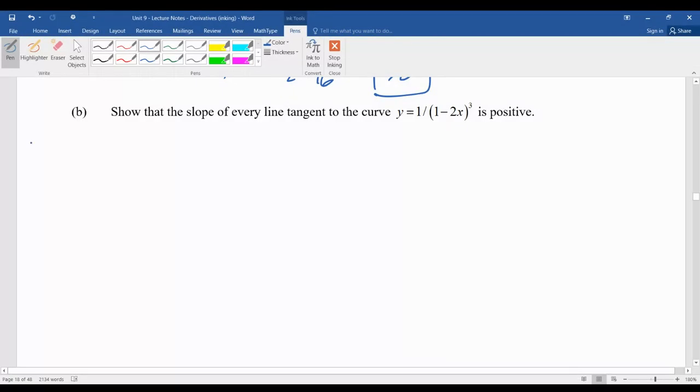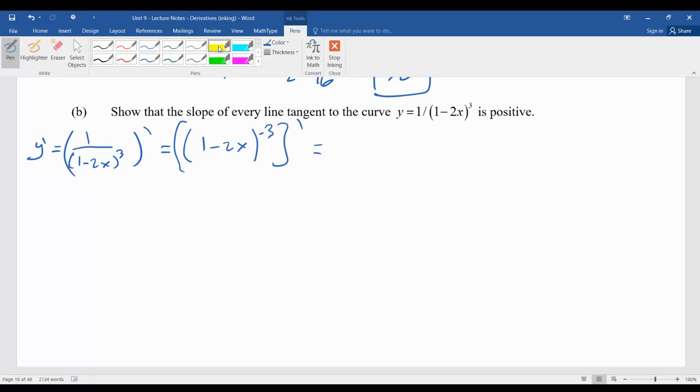So we take the derivative y prime, which equals the derivative of 1 over 1 minus 2x cubed. I'm going to avoid using the quotient rule here. Instead, I'm going to move the 1 minus 2x cubed to the top, so it becomes to the negative 3, and then take the derivative.